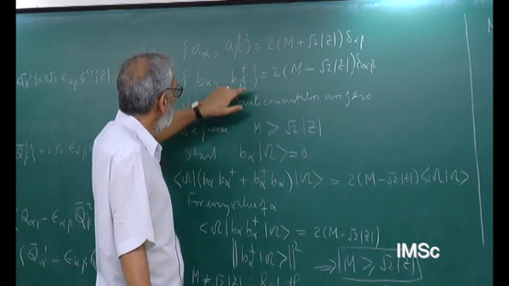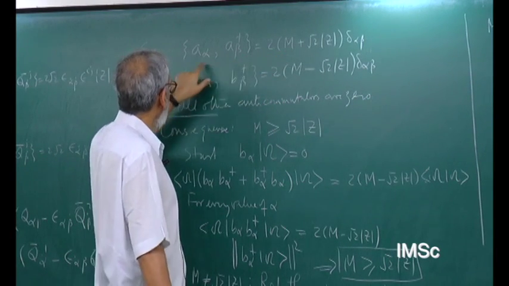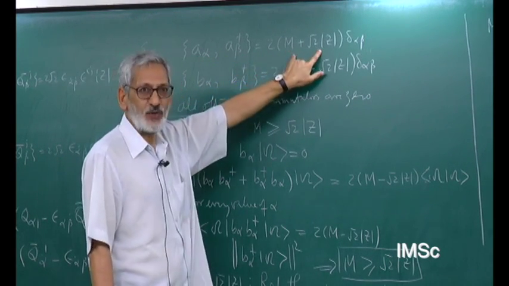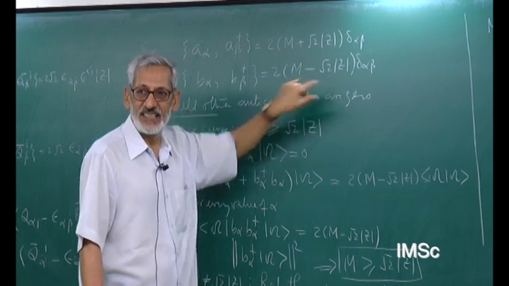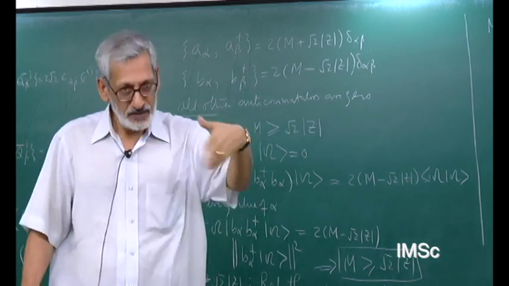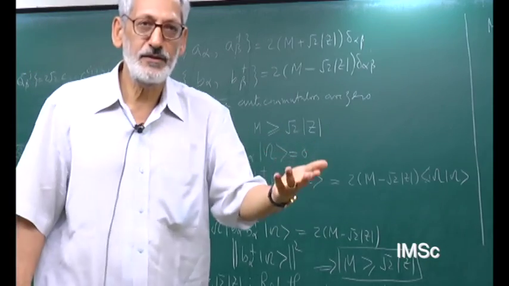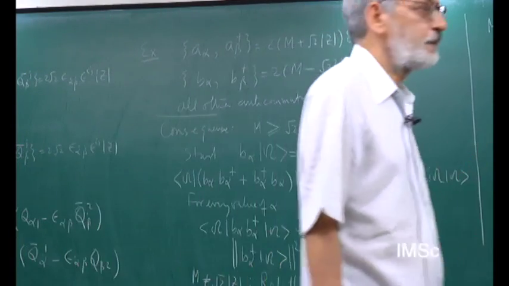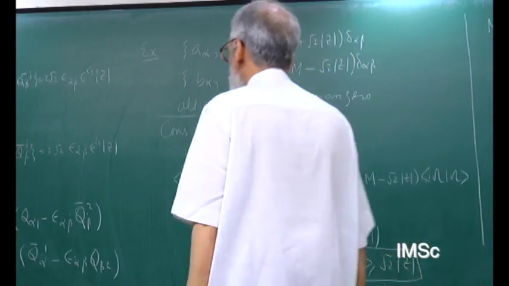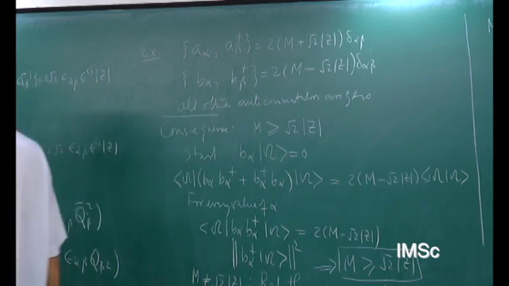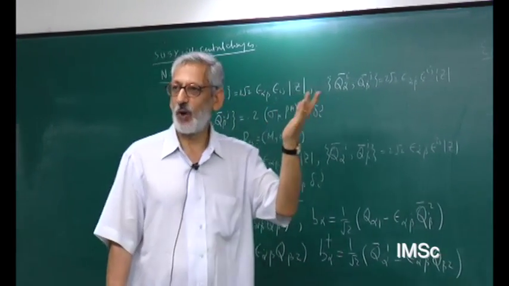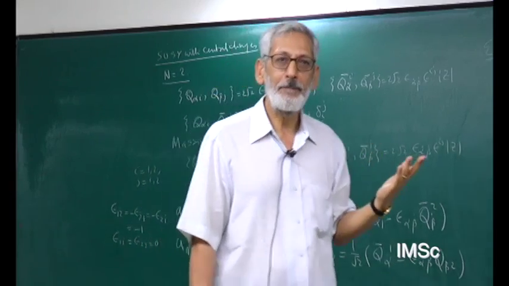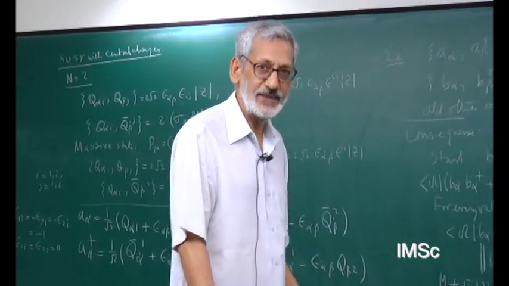What you do is that you normalize. See, what you can do is normalize these by this and construct those oscillators. Because you see, p square is still m square for all of them. Okay.